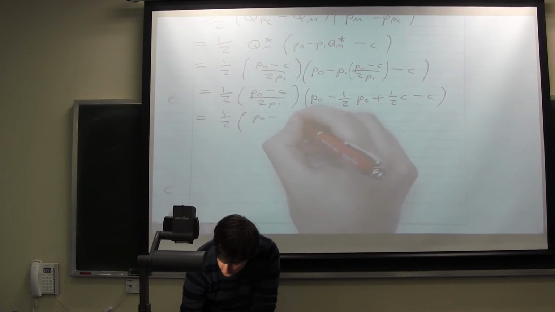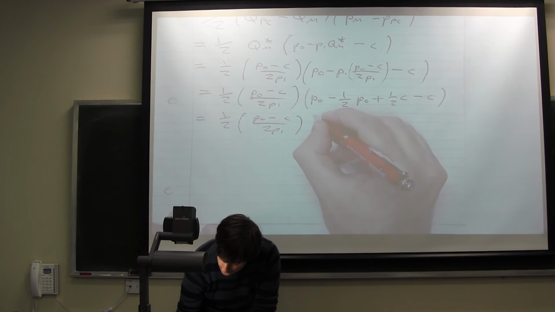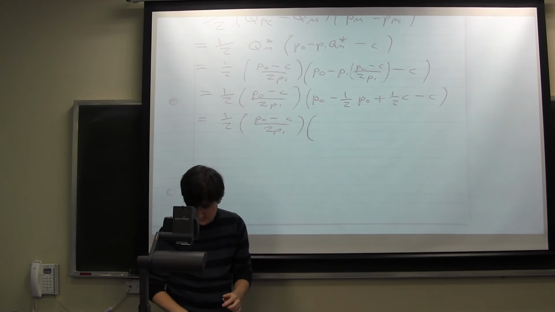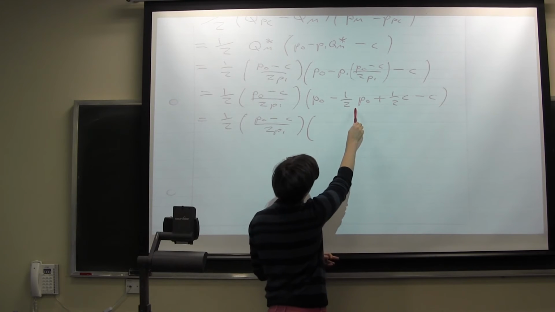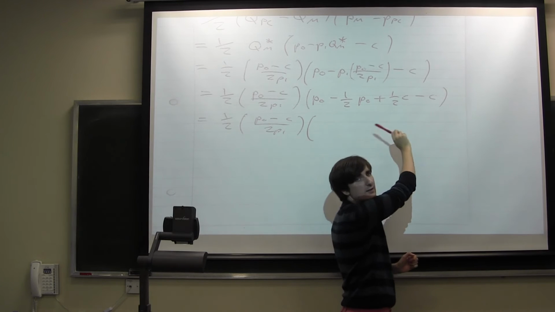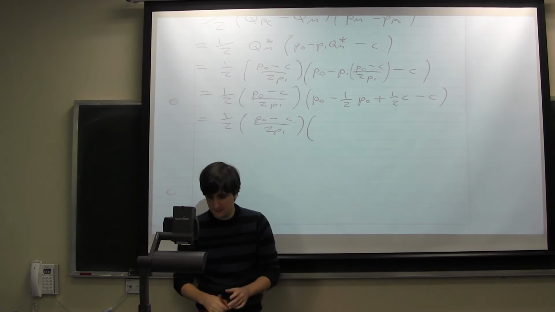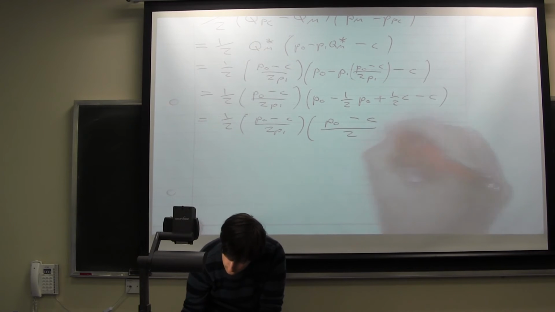So this is P0 minus C over 2P1. So this is P0 minus half P0, which is half P0, half C minus C, which is minus half C. So this is P0 minus C over 2.